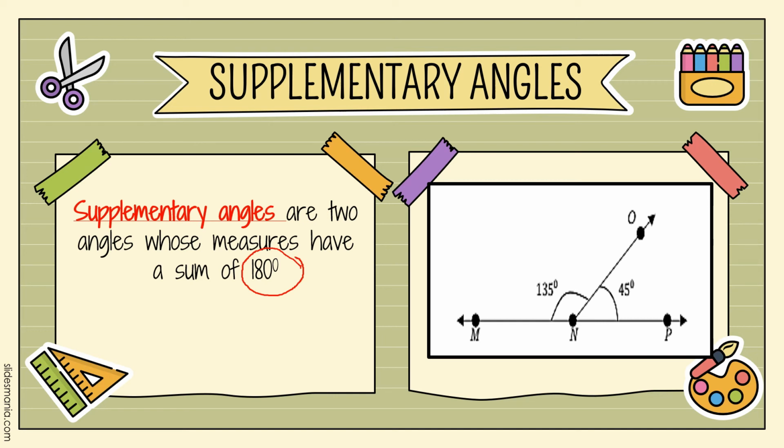Let's have the next figure here. We have adjacent angles again. We have angle MO and angle OP, and as we can see, they have the same side. That makes them adjacent. The measurement of angle MO is 135 degrees, and the measurement of angle OP or PO is equal to 45 degrees.